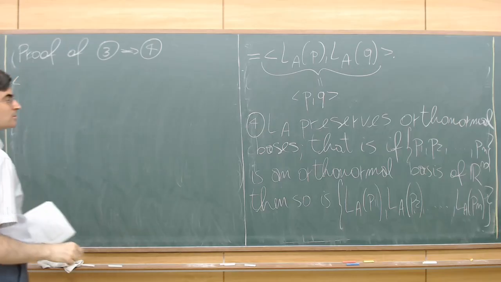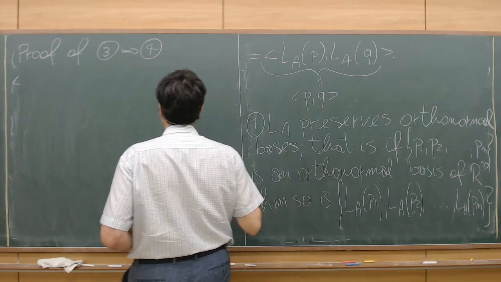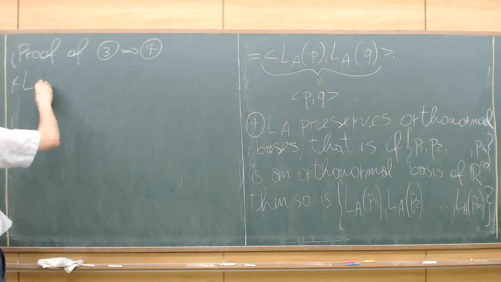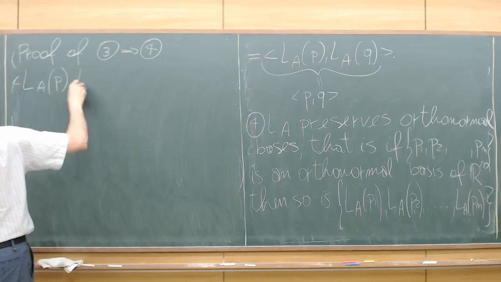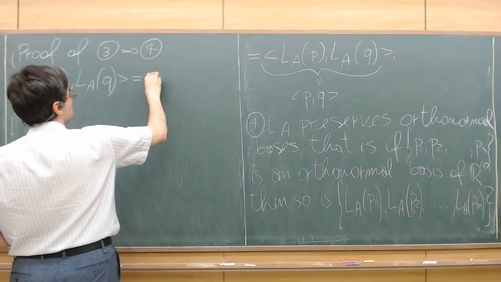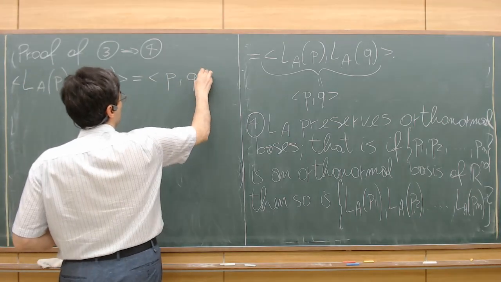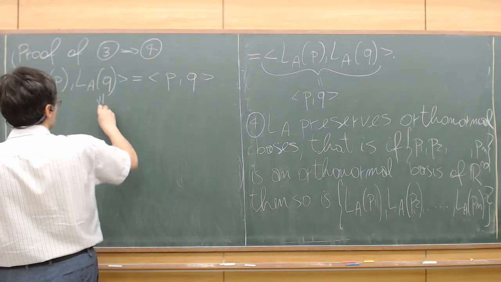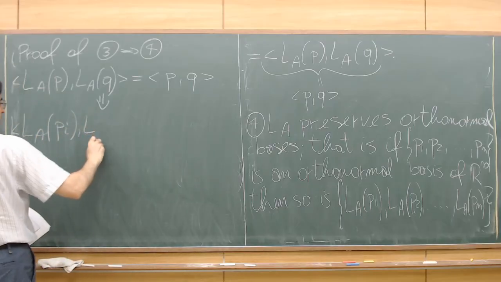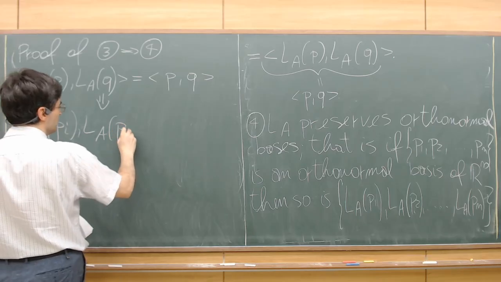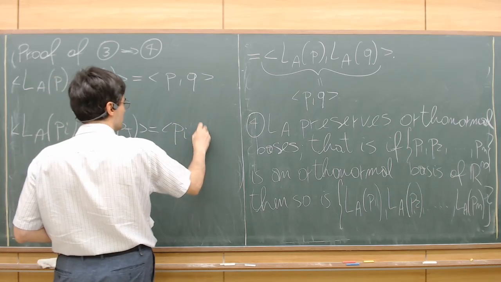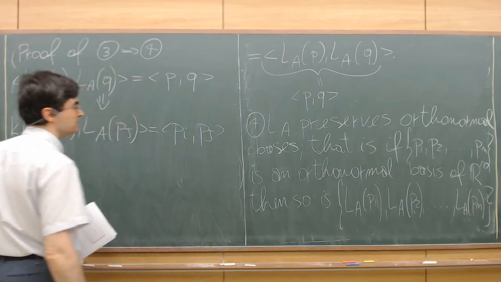The condition that LA preserves inner products says that the inner product of LAP and LAQ is equal to the inner product of P and Q. So this implies that the inner product of LAPI and LAPJ is equal to PI comma PJ.